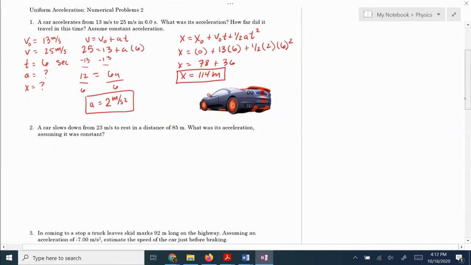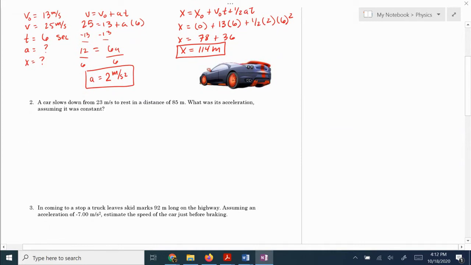Second one, the car slows down from 23 meters per second to rest. So it was initially going 23 meters per second, slows down to rest, so your final velocity is 0. The distance is 85 meters.